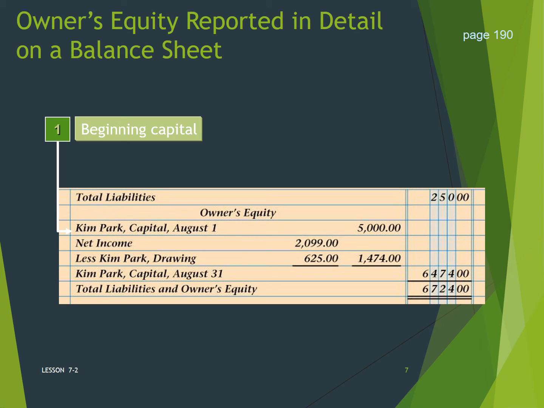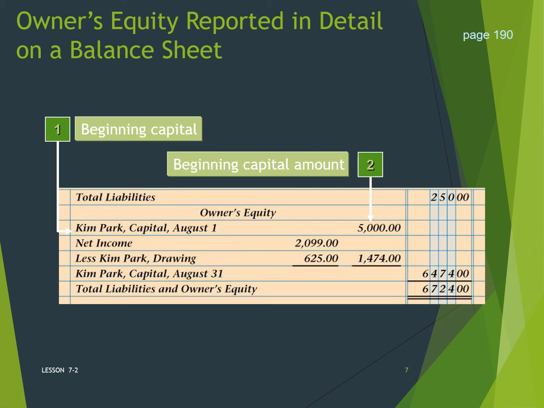Then we will write Kim Park, Capital, August 1st, up against the left wall, and to the left of the dollar amount column, we will write $5,000. Then we will write the words Net Income, and to the left of the $5,000, we are going to write $2,099 since that was our net income.